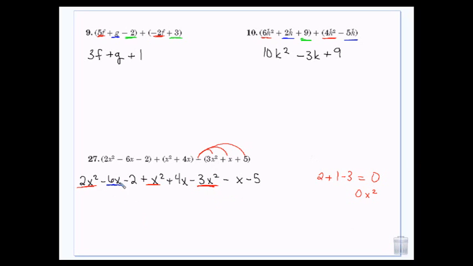And then I have negative 6 plus 4 minus 1. So that's negative 2 minus 1 is negative 3, so I have negative 3x. And then I have negative 2 and negative 5, so that gives me minus 7.